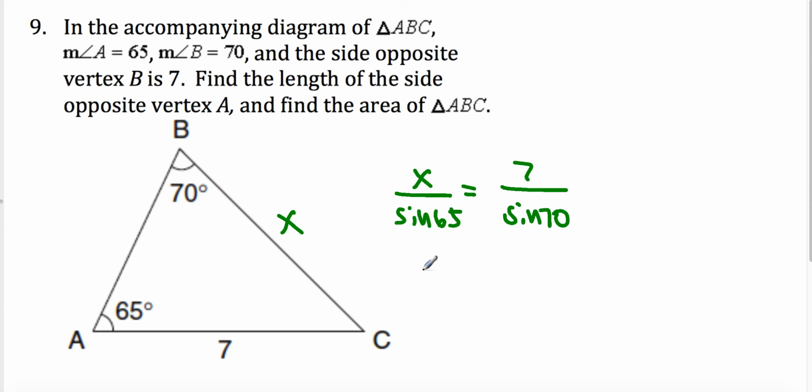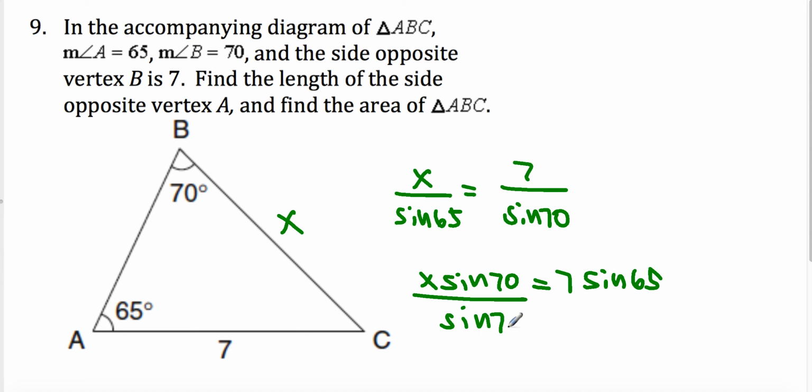Then you can cross multiply them if you want to, or just multiply by sine of 65, so x is equal to 7 times sine of 65, and divide by sine of 70.